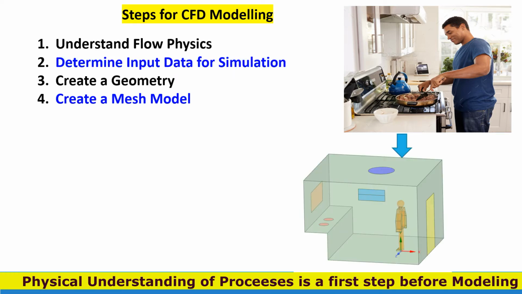Then the next step is to create the mesh model. You can create the mesh model automatically. You don't need to put in much effort. The next step is CFD simulation. It is very important to select the correct boundary conditions and the correct CFD models, like the turbulence model, heat transfer model, and radiation model, and then the correct numerical procedure.